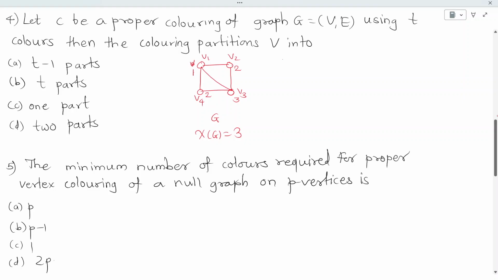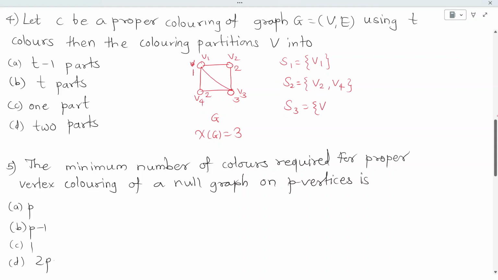Now I am considering sets. Suppose set S1 collects all the vertices with color 1; there is only one vertex, V1. I am collecting all the vertices with color 2 in S2, those are V2 and V4, and the vertices with color 3 in S3.